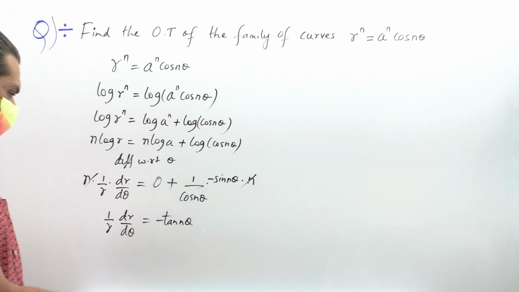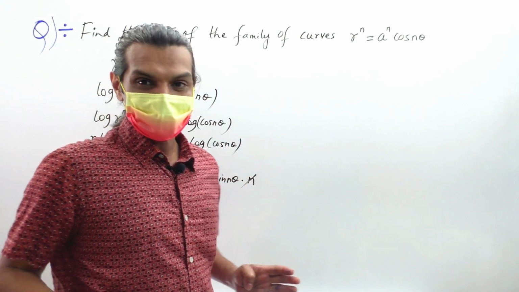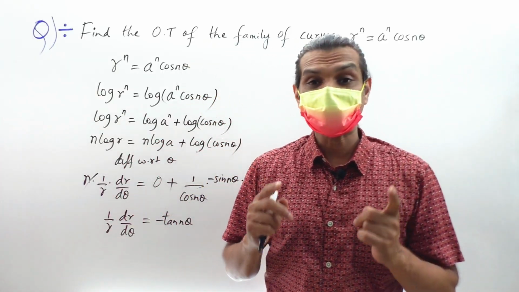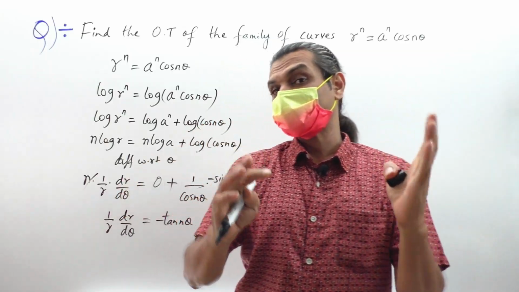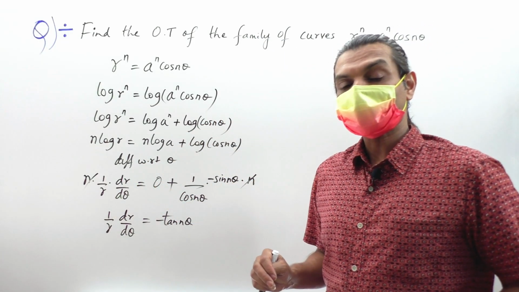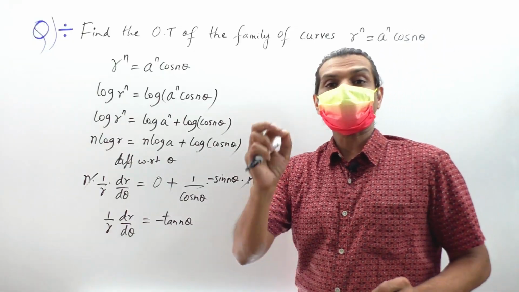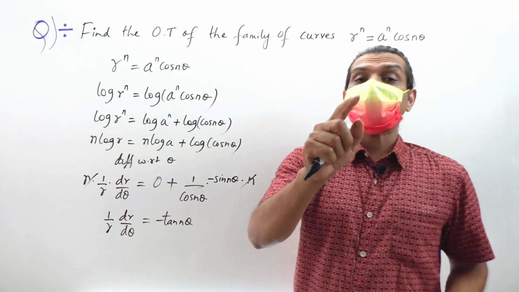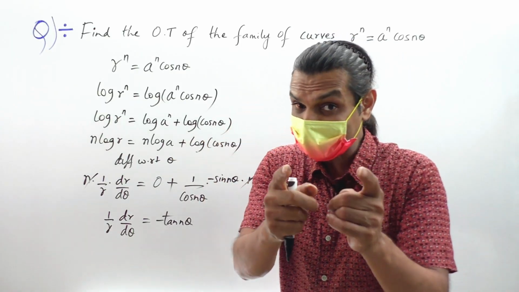Am I right? Okay. Now, the next step here is what? Remember, we are finding the orthogonal trajectories for polar curves. And as I discussed in the method a while ago, after differentiating with respect to theta, what is the concept here? For finding the OT for a family of polar curves, we replace dr by d theta by minus r square d theta by dr. What's that again?